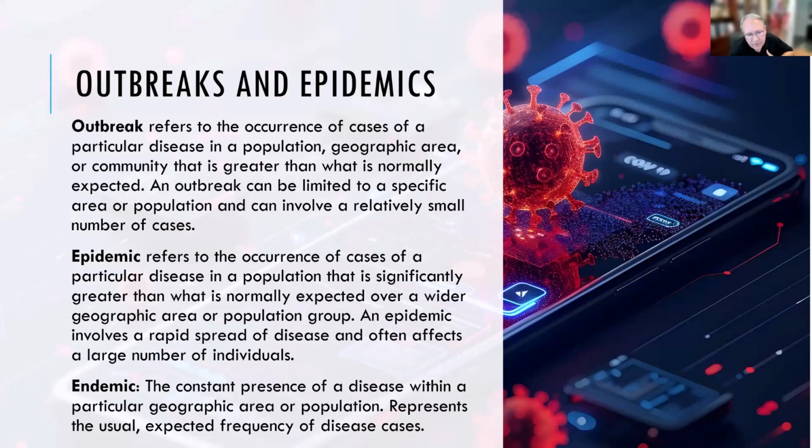You might have like the swine flu or H1N1. And so it can go from an endemic to an epidemic. An epidemic refers to the occurrence of a particular disease in a population that's statistically significantly greater than what's normally expected in a group or a population.